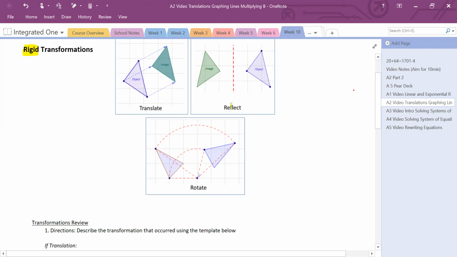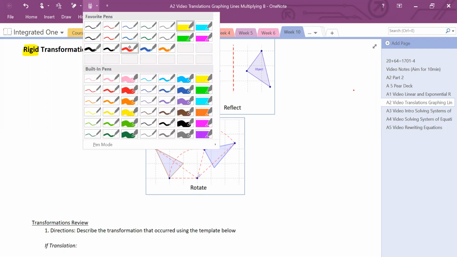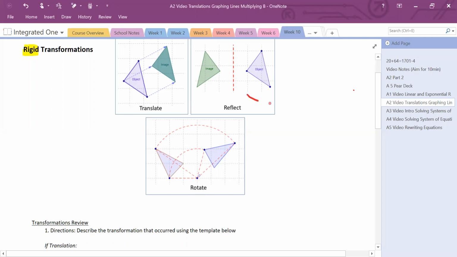For reflection, we're actually going to reflect that shape, again without changing its angle lengths or side lengths, about a line of reflection. And that would be this right here.